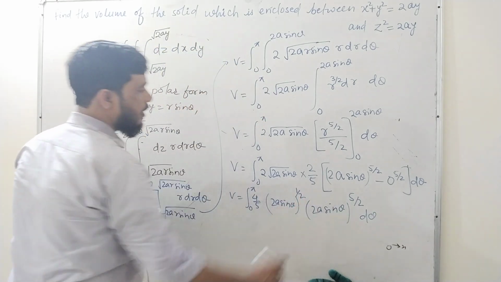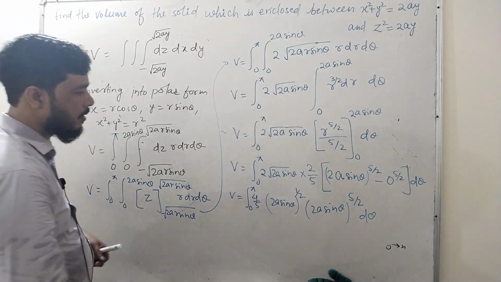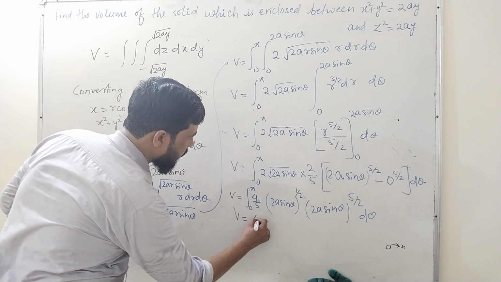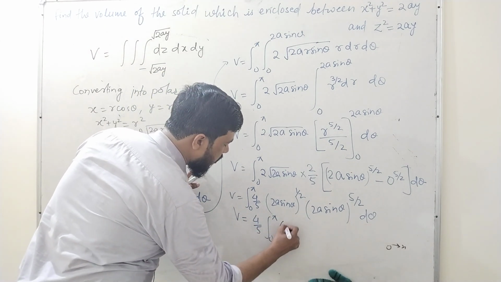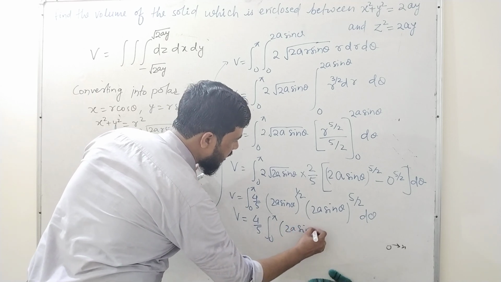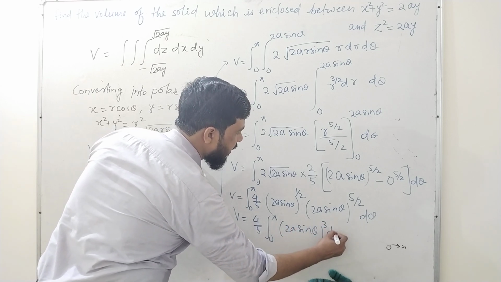Adding these two powers, we get 6/2, that is 3. So V = (4/5) ∫ from 0 to π of (2a sin θ)³ dθ.